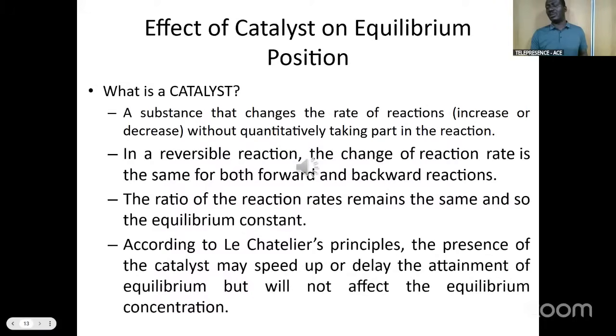Because when you increase pressure, you are invariably increasing the reactant more than you are increasing the product. Because you have 4 moles on the reactant side, and of course 2 moles on the product side. So when you increase the pressure, you have increased the reactant more than you have increased the product. And so the only way the equilibrium will respond is to consume the reactant whose amount you have increased.